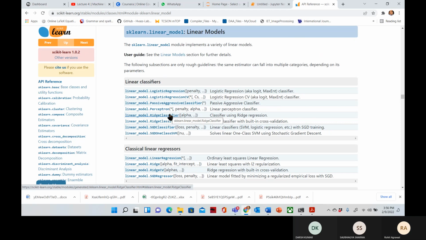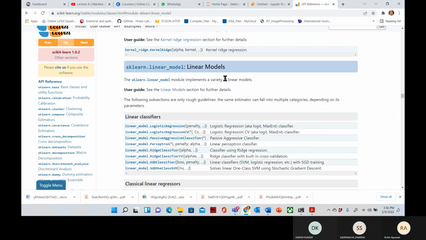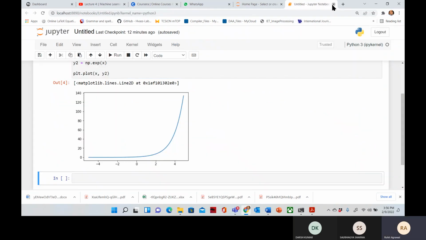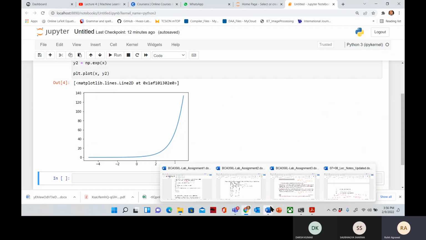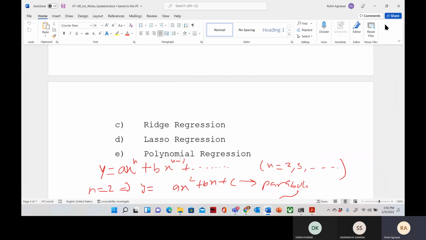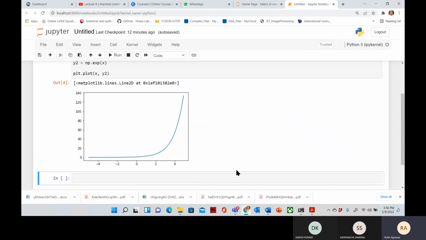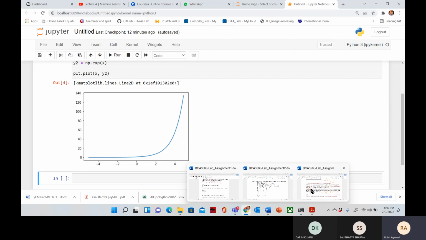Hello? Yes, sir. But don't be confused. We are just discussing the linear regression. Okay? I just want to show you. That's why I opened this page. Okay, so I will close this.